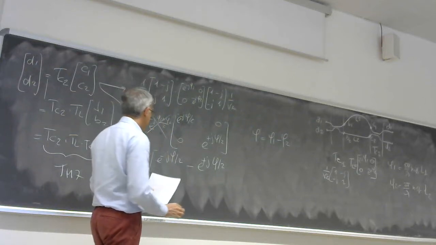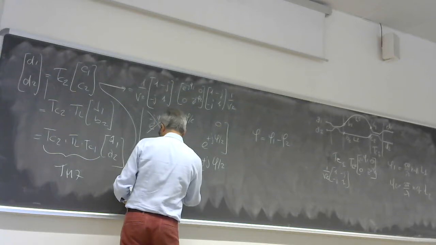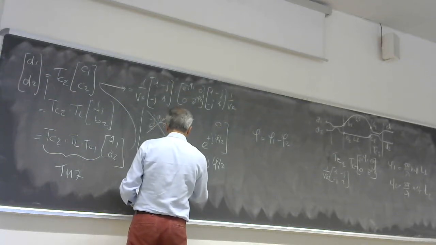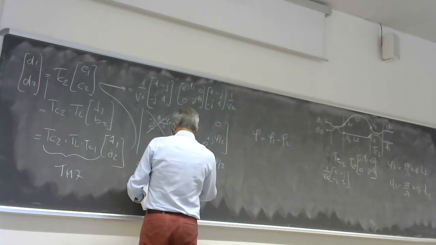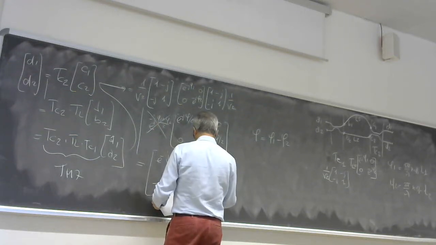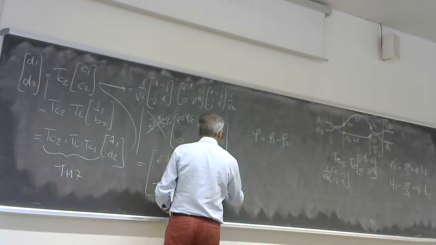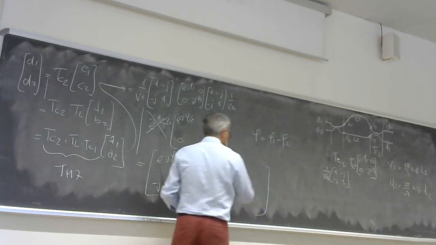This is the first term, and the second one is minus j e to the minus j phi divided by 2, minus e to the j phi divided by 2, and it is symmetrical.